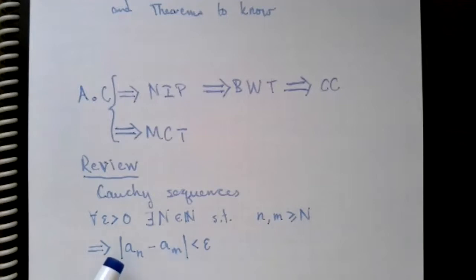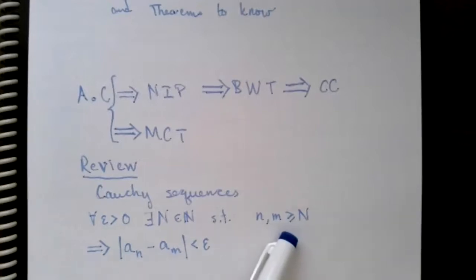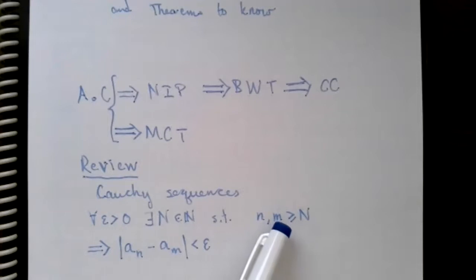But term number 1,000 minus term number 1,000,000 also has to be less than epsilon. As long as I'm at term number 1,000 or past it, any two terms from there on out should be within epsilon of each other.